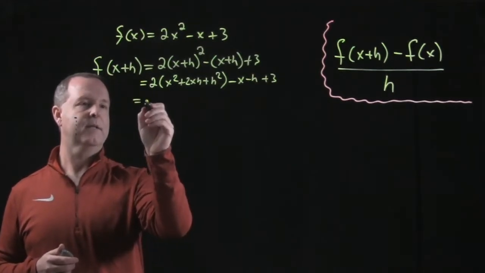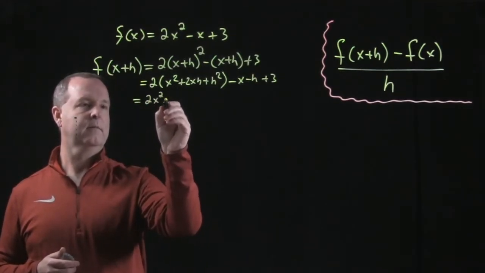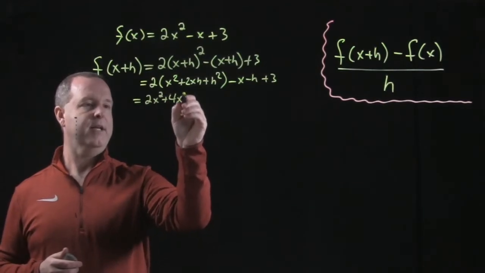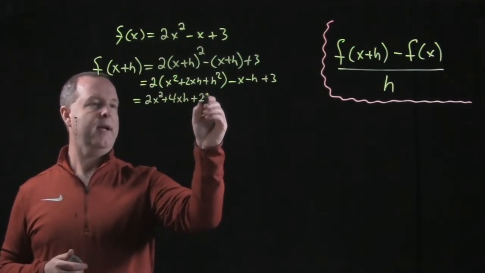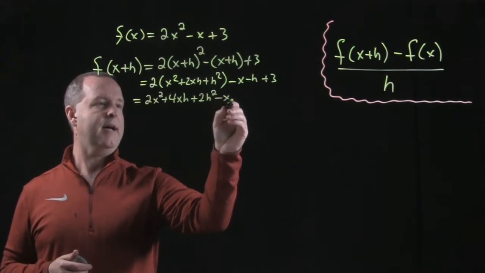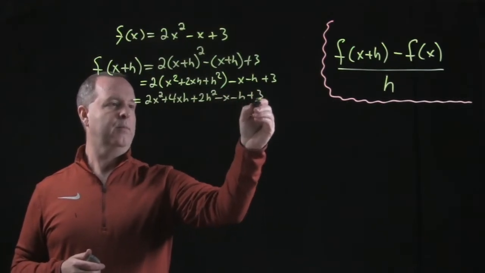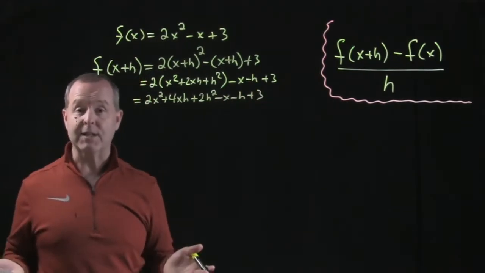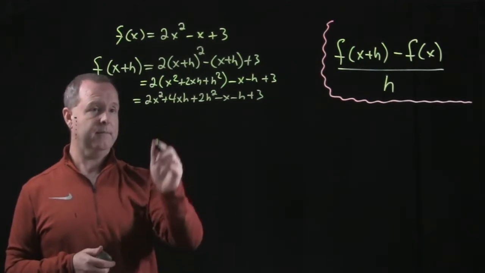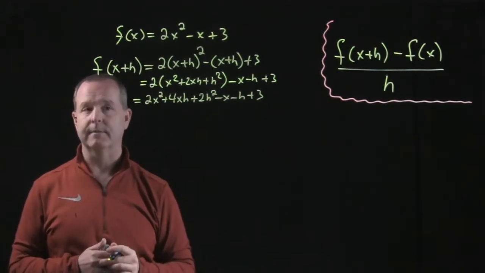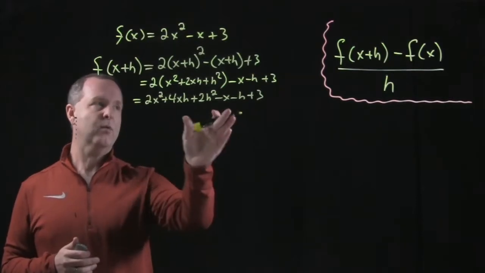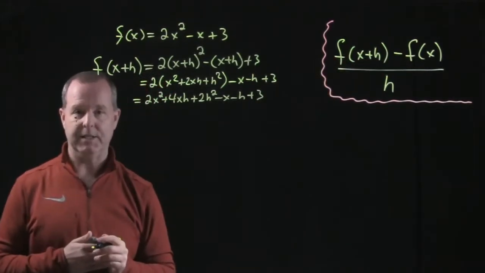And that becomes 2x squared plus 4xh plus 2h squared minus x minus h plus 3. Combine like terms, if there's any like terms to combine. There are not. Now remember, what we found was just the f of x plus h.